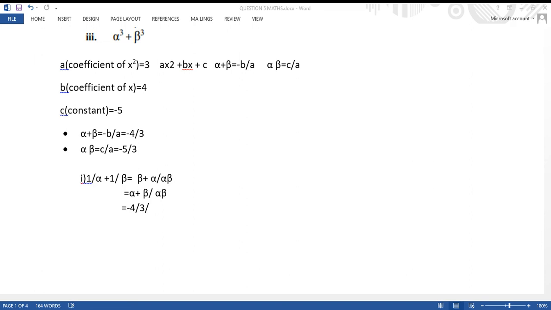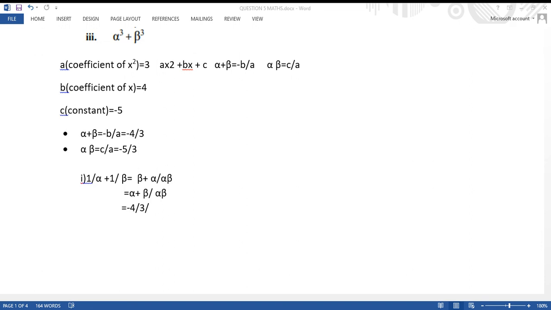Because you're multiplying 3 times alpha times beta times alpha plus beta, it's simpler if we work with the fractions first. We get 20 over 9.